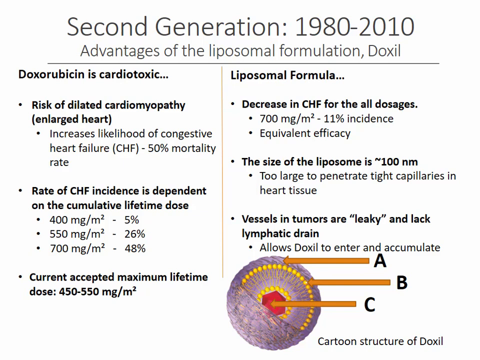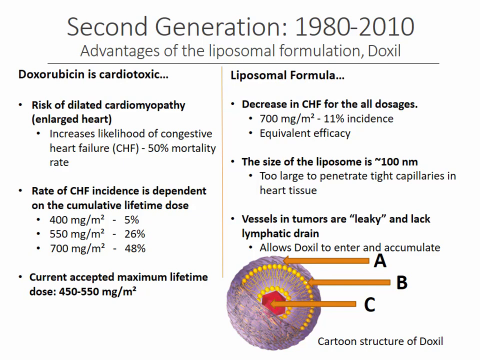So doctors at the time of your diagnosis, they do like a risk analysis. You know, what's going to kill you first, either heart attack caused by taking too much of the drug or the cancer that may begin to spread. Rose and Green did a study in 2001, and they determined that the risk of a congestive heart failure incident had a 5% chance of occurring when you've taken 400 milligrams per meter squared.